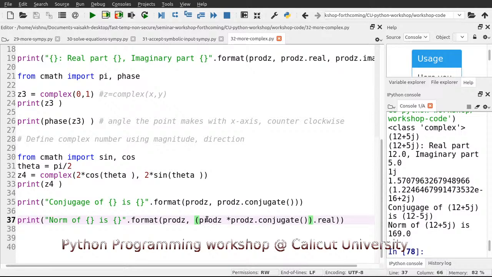Otherwise, if you try to convert it, okay, that's not necessary. You can find out the conjugate like this. Okay. And if you do not even want this, maybe you can find the absolute value.